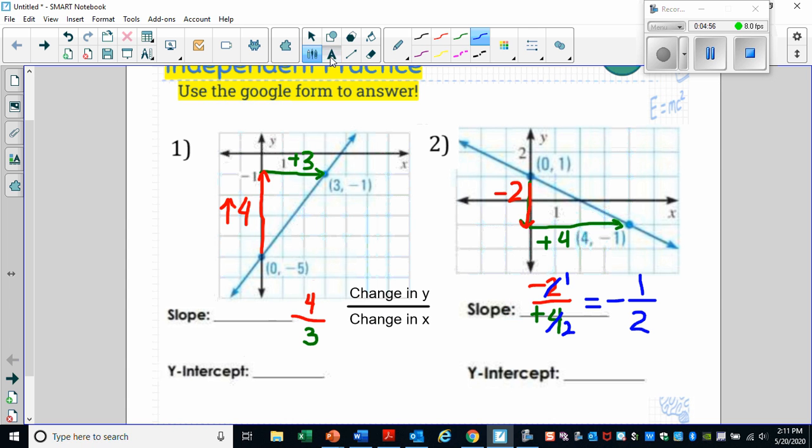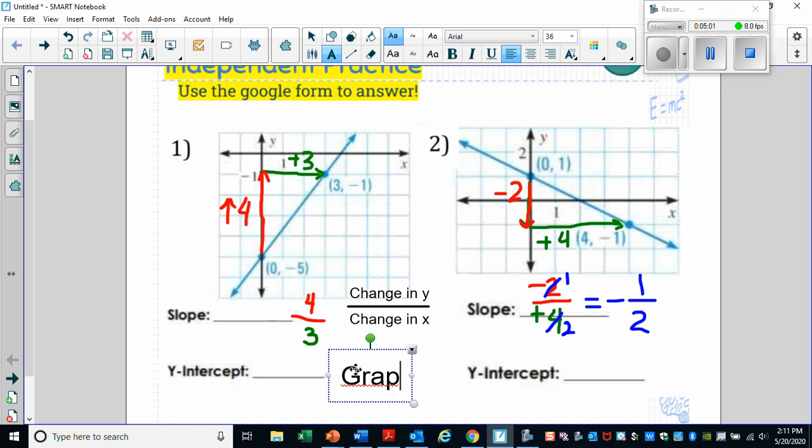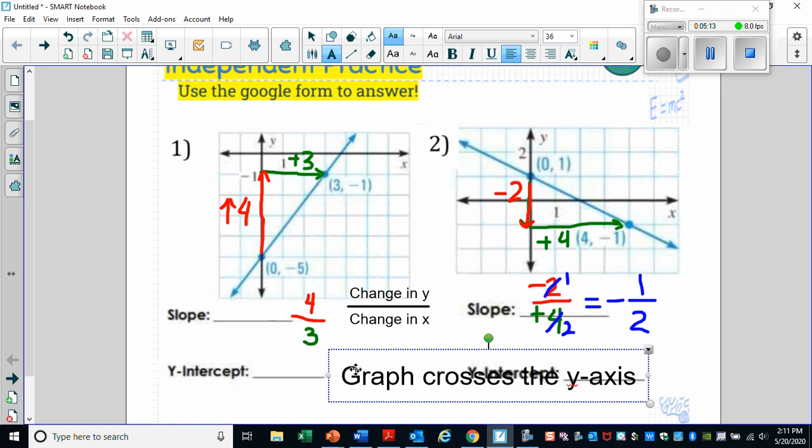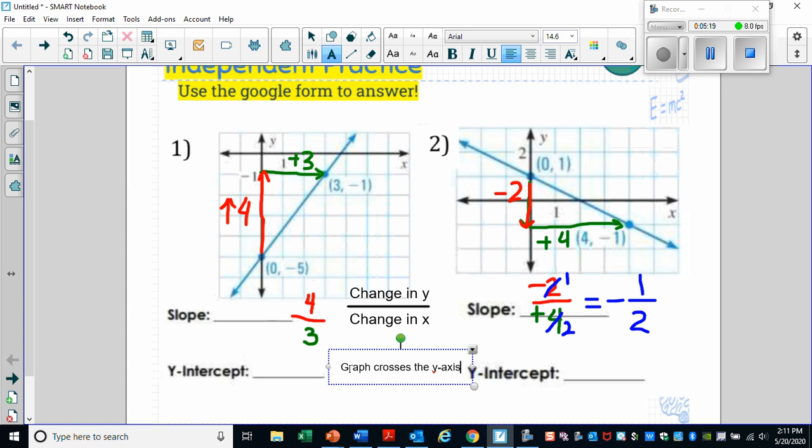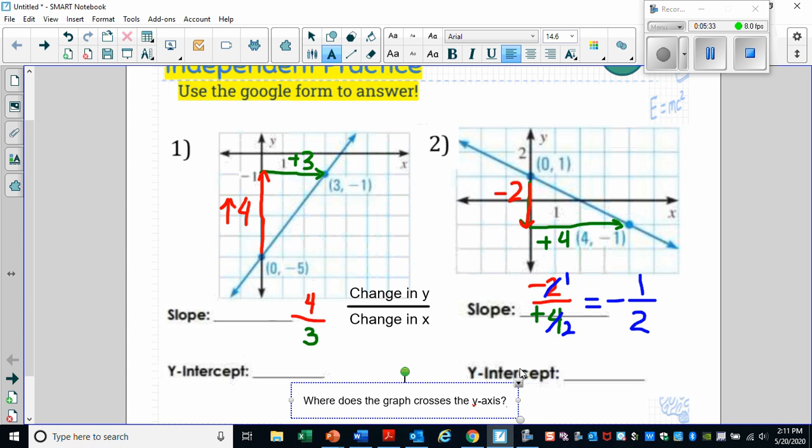Now, for the y-intercept for both problems, this is where our graph crosses the y-axis. So that's the question we need to ask ourselves: for both 1 and 2, where does the graph cross the y-axis?